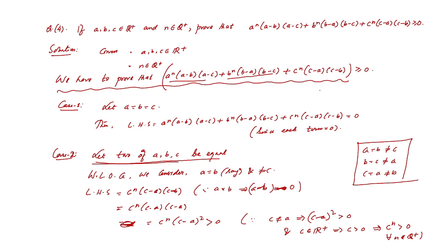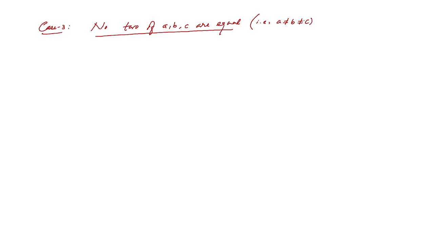Now I consider the third case: a, b, c are not equal. That means no two of a, b, c are equal. So this will be case 3. Here we consider a not equal to b not equal to c, but we can arrange them in an order.